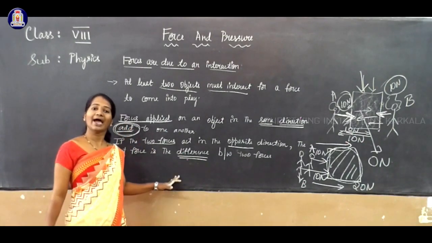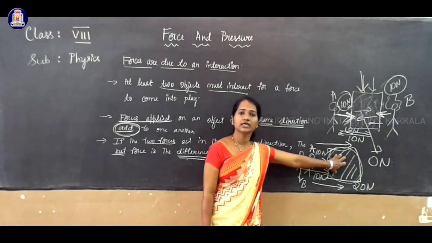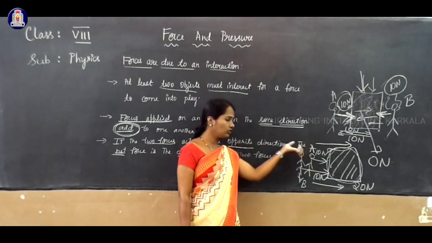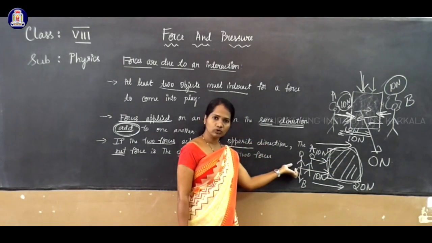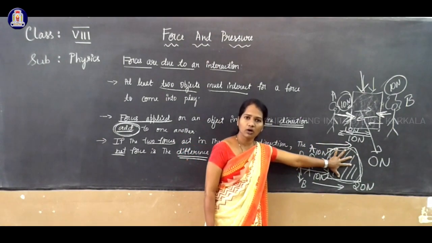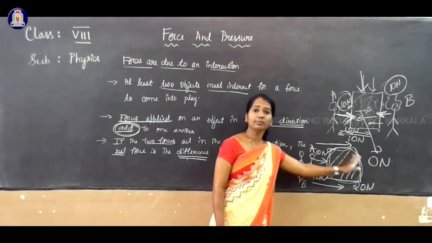So how much force is applied on this box? 20 Newton: the first person's 10 Newton plus the second person's 10 Newton. Together 20 Newton of force is applied on the object, because the force is applied in the same direction.